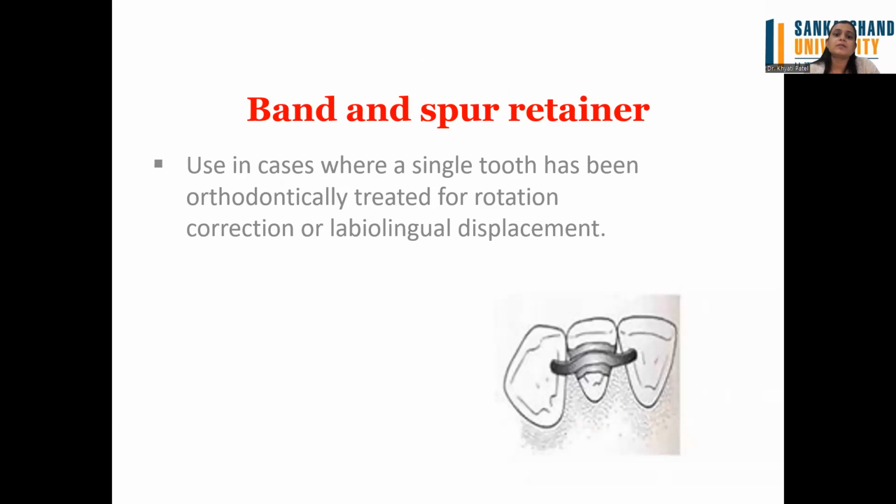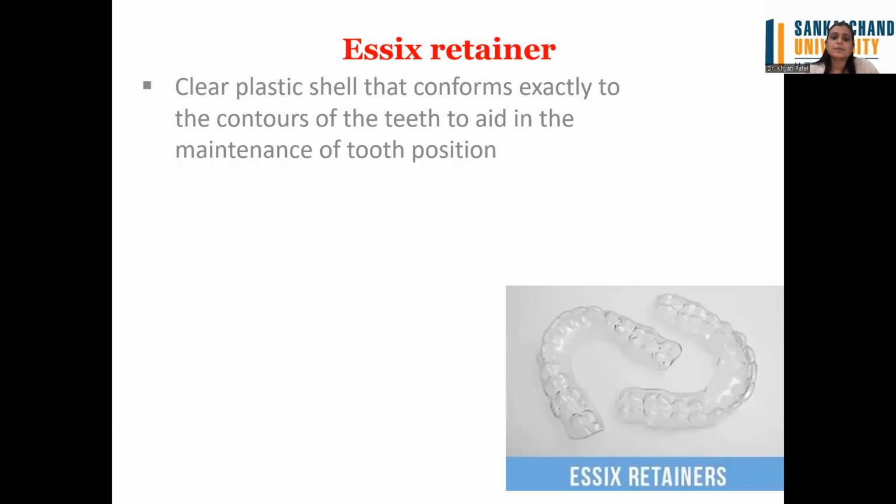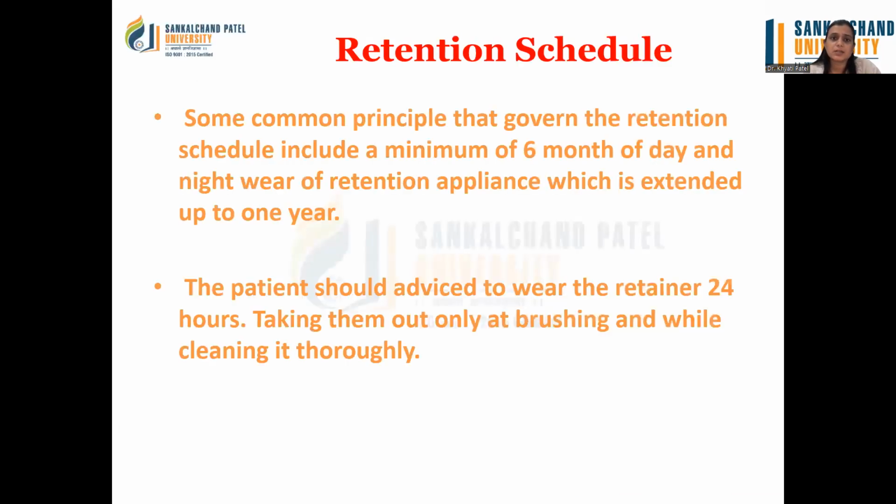Then comes the band and spur retainer. It is used when a single tooth is orthodontically treated for either rotation correction or labiolingual displacement. Then Essex retainer, a clear plastic shell that contours the teeth to aid in the maintenance of tooth position.